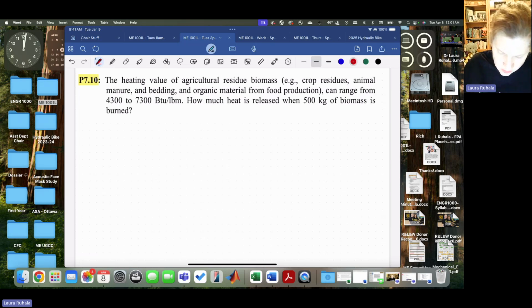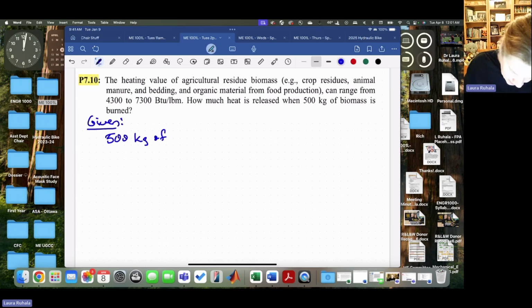Okay, so let's set this one up. We are given 500 kilograms of, let's just call it biomass.